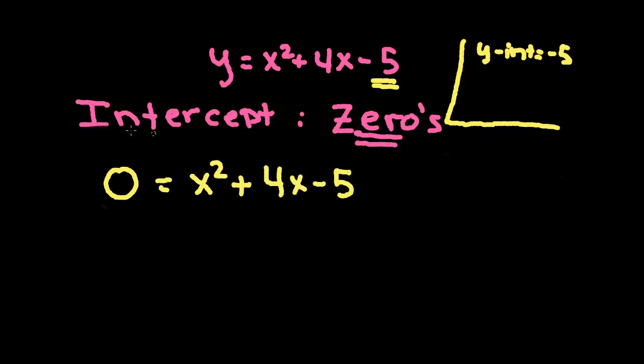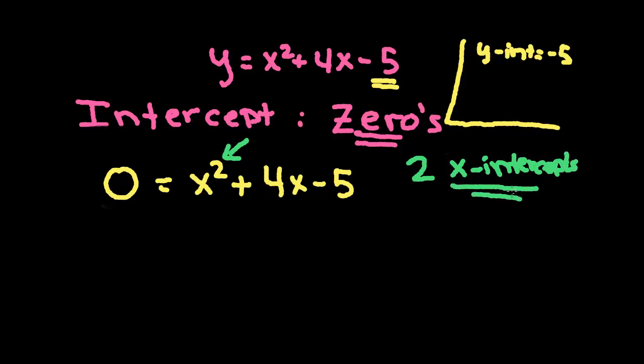But the thing you should know is that if we have a squared and we're solving for x, that means we should get 2 answers. If you have a squared, you get 2 answers. If you have it to the first power, you get 1 answer. To the third power, you get 3 answers. So we are going to be finding 2 x-intercepts because x is squared. So this is a quadratic, and it's set equal to 0.